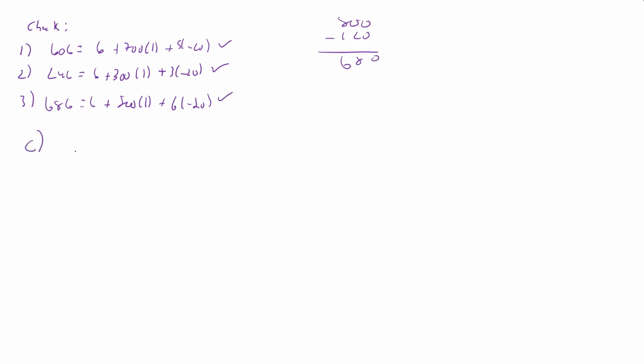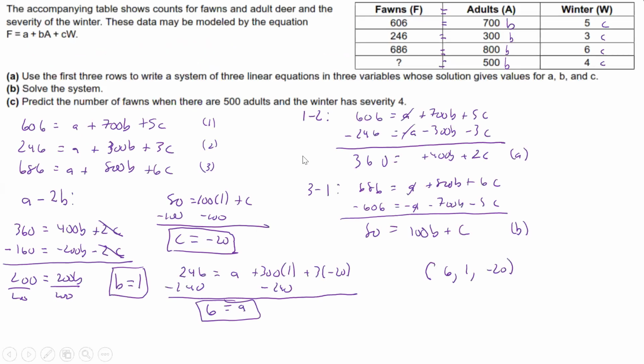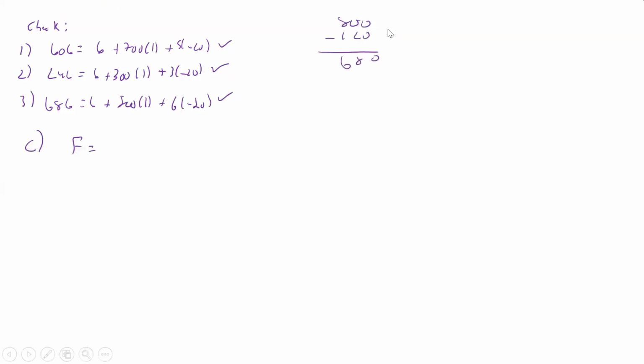Now we're going to do part C. It says we want to find F when the severity is equal to 4. There are 500 adults, and we're supposed to figure out the number of fawns. Well, we just plug it into the equation. 6 plus 500 times 1, because that was 500 adults, and then plus the 4 times negative 20.